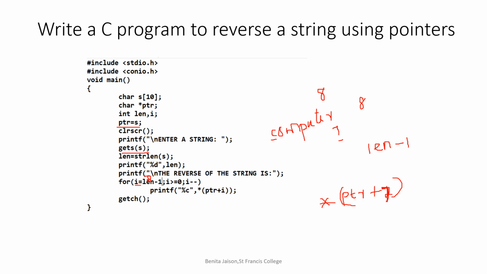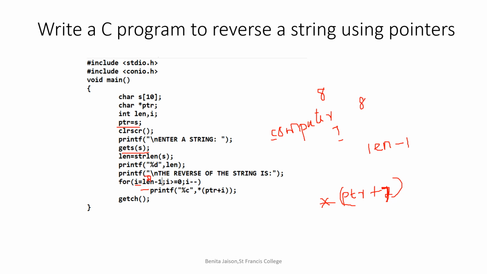We are checking whether i is greater than or equal to 0. We know that 7 is greater than 0. So now we move on to the line to be executed if the condition is true. Here we will be printing printf %c, followed by what will be printed in place of %c: dereferencing of ptr plus i.